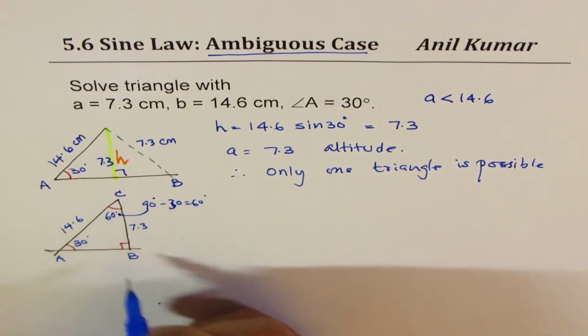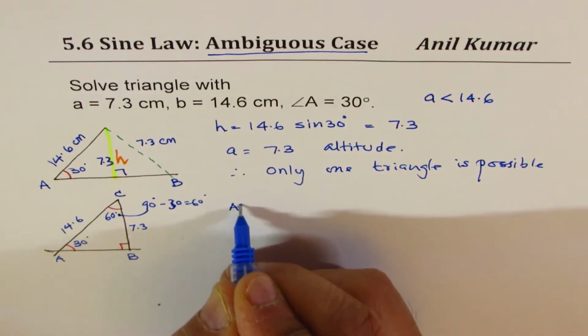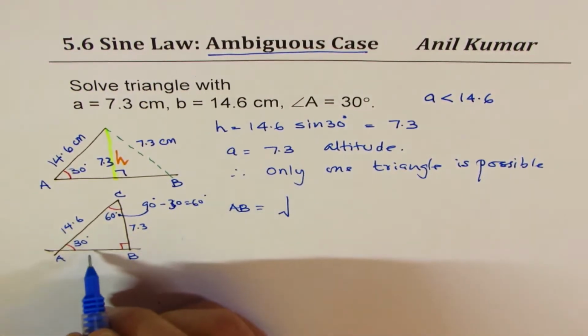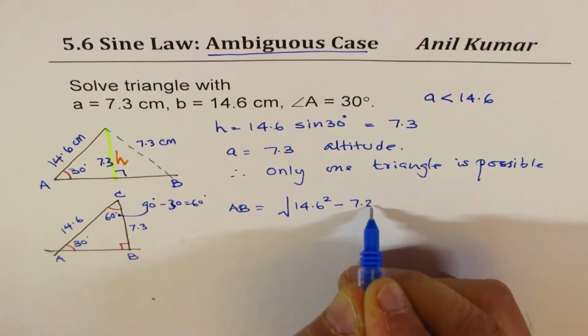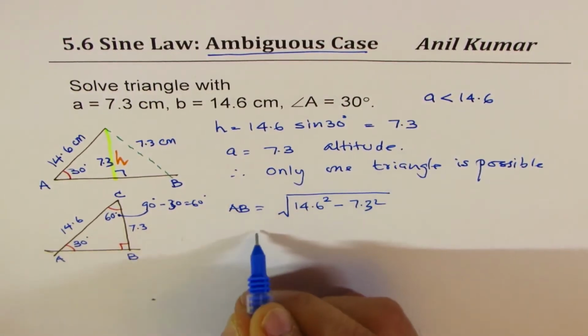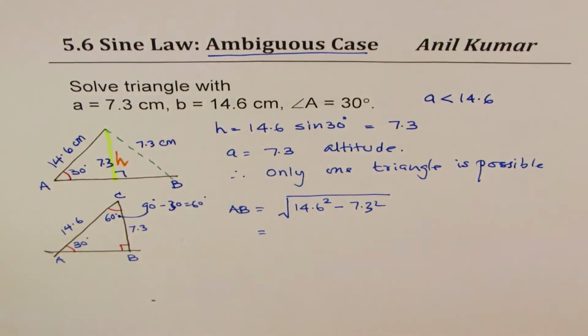Okay, and that side AB is equal to the square root of, smaller than 14.6 of course, 14.6 squared minus 7.3 squared, and let's calculate this value using the calculator, right?